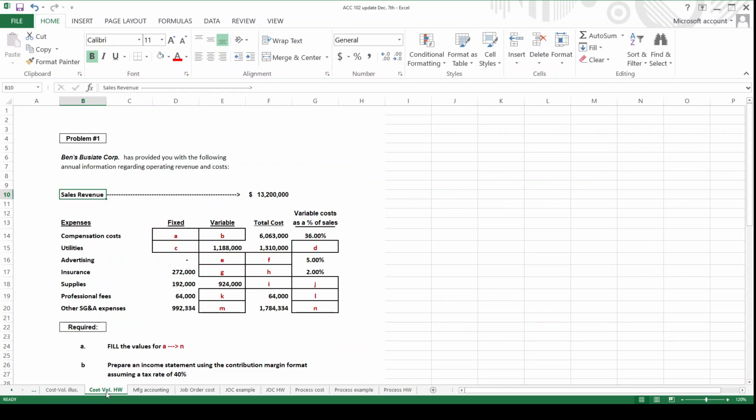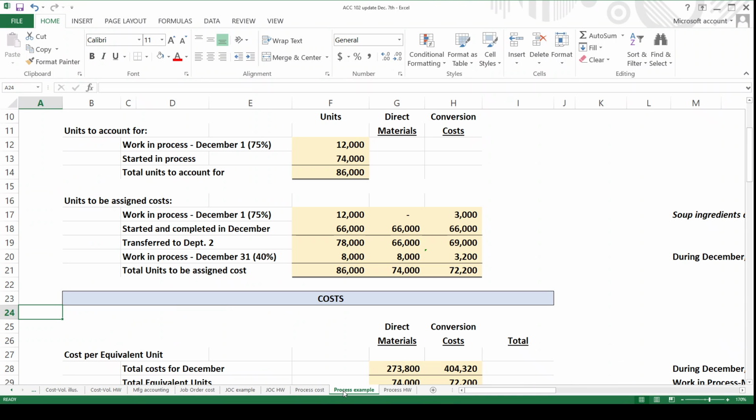The cost volume homework. Okay, so those three will constitute comprehensive assignment number 3. So what I'll do is package them up and send them to you as one email along with an update, which will include this one here and all the formulas.